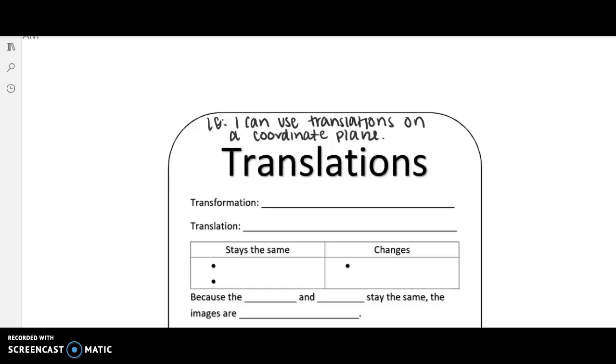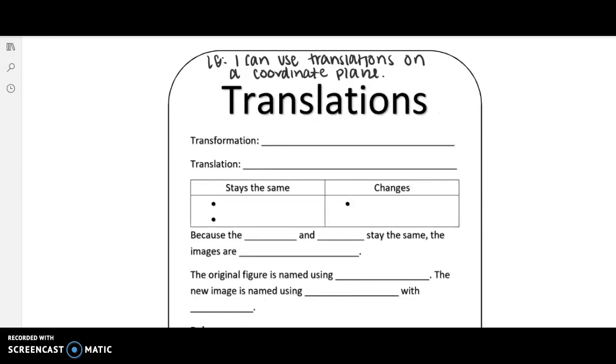So before we get into translations, we need to know what a transformation is. A transformation is when we change a figure into a new figure.